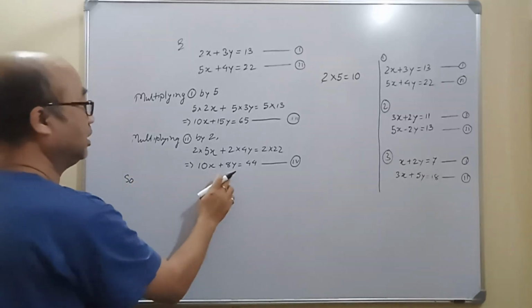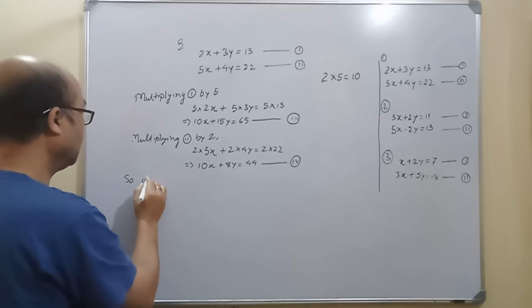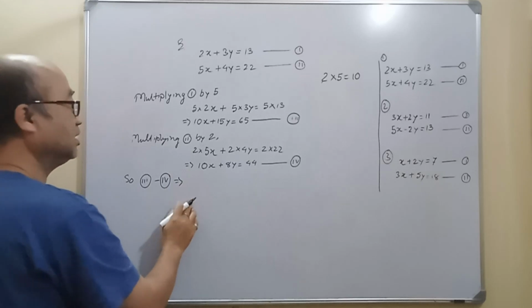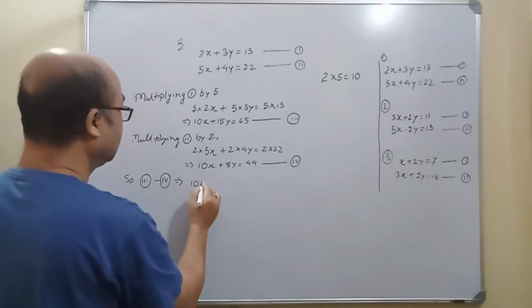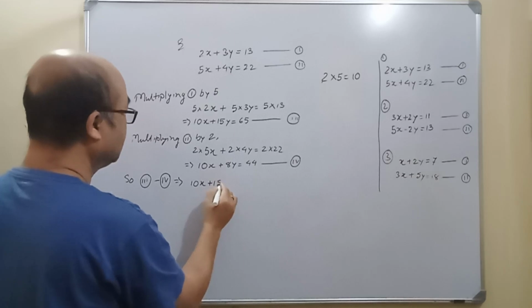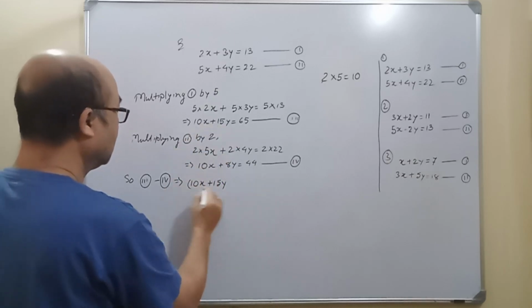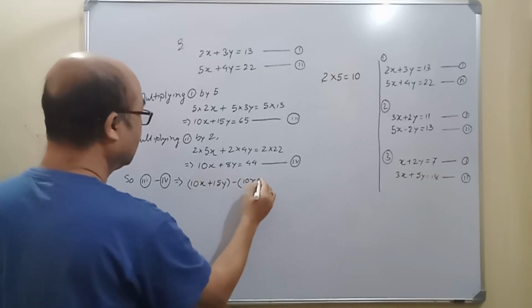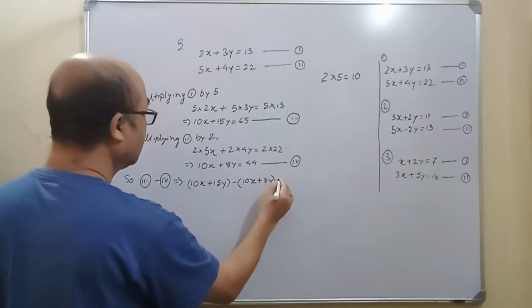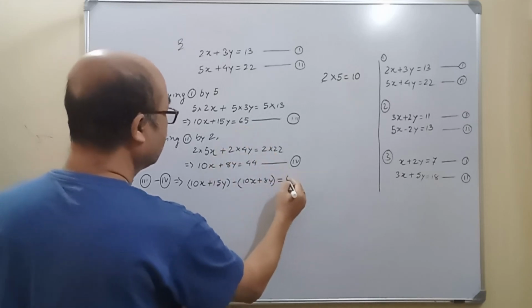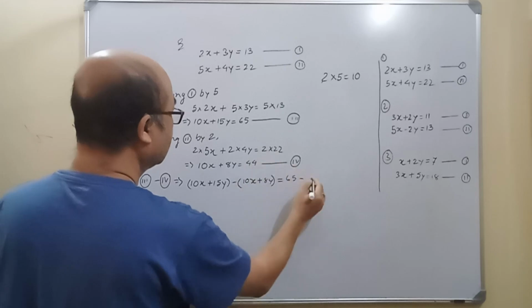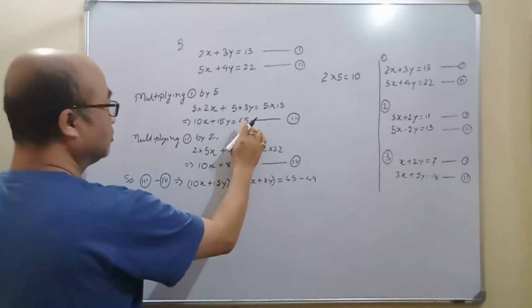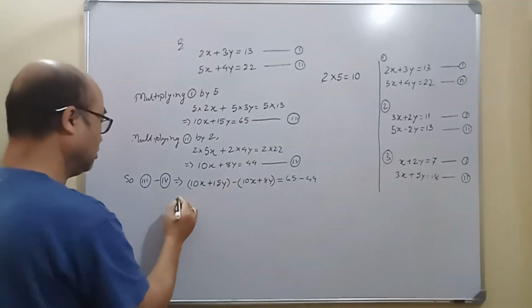So 3 minus 4 results in 10x plus 15y minus 10x plus 8y, 65 minus 44. We subtract the left hand side, so we subtract the right hand side also.